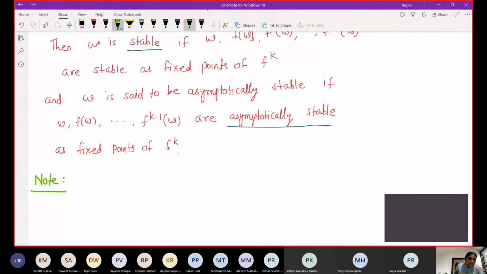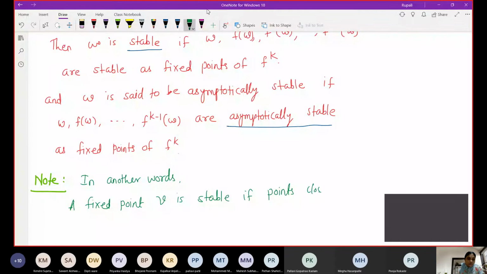A fixed point V is stable if points close to V do not wander far from V under all iterations of f.